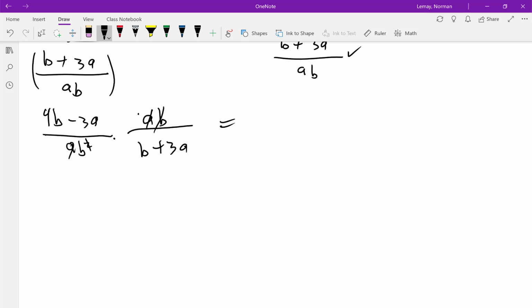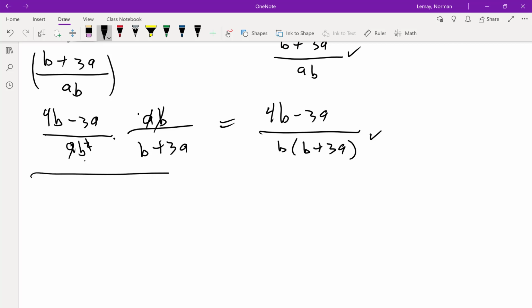And notice there's nothing to factor out of the top, nothing to factor down here. So we're left up top with 4B minus 3A divided by, so I have my B, and then B plus 3A. And that's the best that we can get.